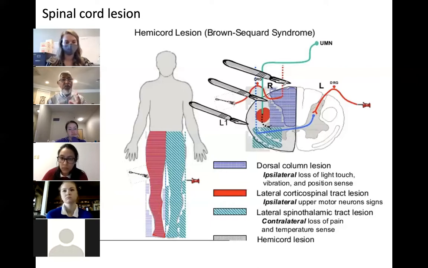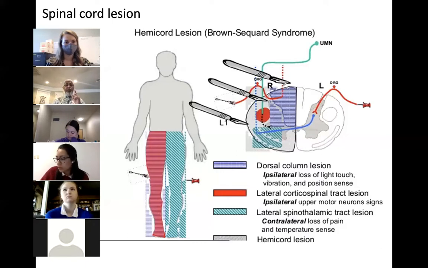And then number two, we have to remember at what level the fibers move to the opposite side. For fine touch, it moves to the opposite side only in the medulla of the brain. As long as they are in the spinal cord, they remain on the same side.